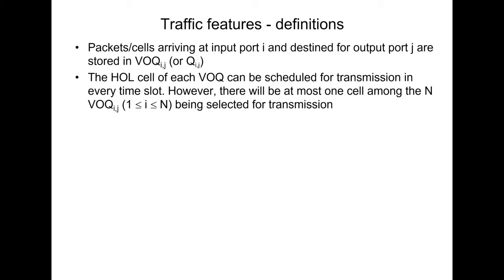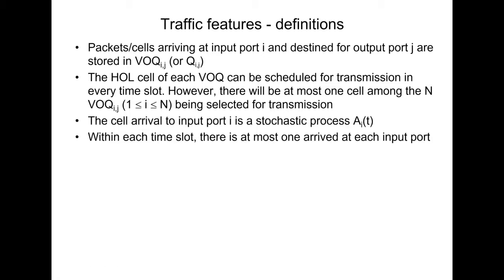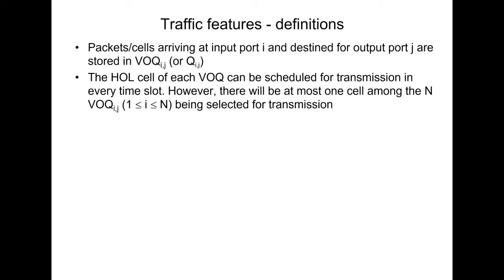So we have to transmit the cells, but we are constrained by the absence of the speed up. So at most one cell among the ones that are contending for a certain output port can be transmitted, and also among the cells that are queued in the same input port.